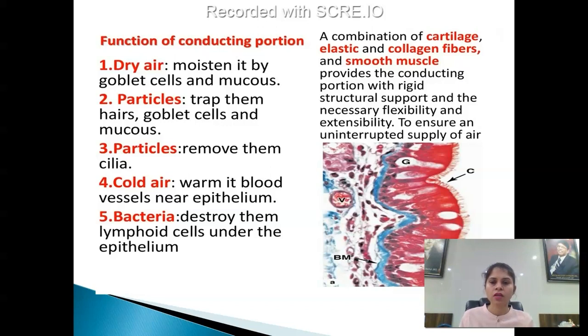So my function as a bronchial tree was to give a supporting mechanism, so that my whole air which is entering, I'm making myself very assured that everything is safe, everything is protected, and there is no harm which is going to happen. I'll give you an example.